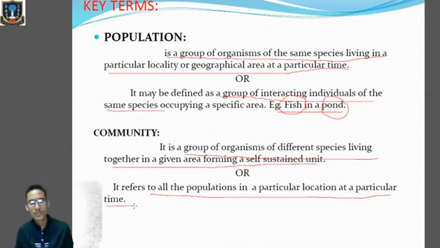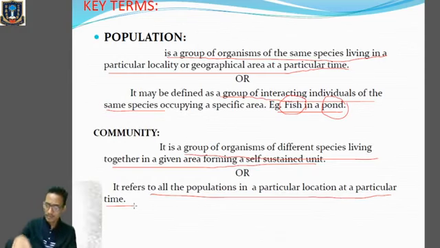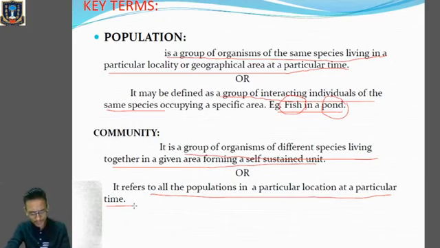So population means the group of organisms belonging to the same species, and community means the group of organisms which belong to different species, maybe tiger, lion, or deer. These are the key terms you have to remember: what is population and what is community.